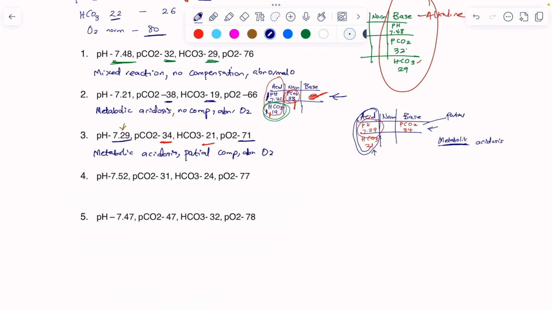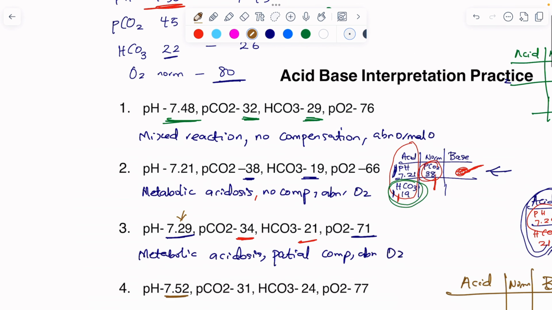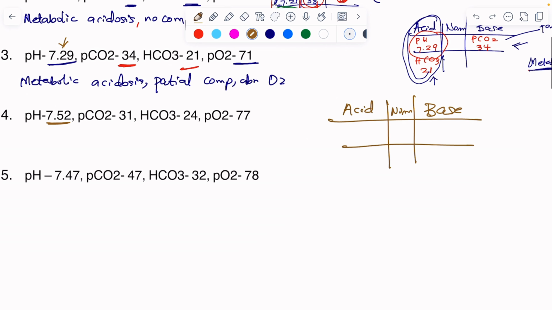Let's keep on going. So you want to draw out your tic-tac-toe table: acid, norm, base. So we have our pH here, 7.52, which is basic, so we'll write pH 7.52.